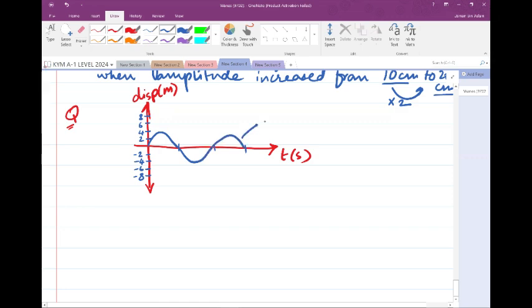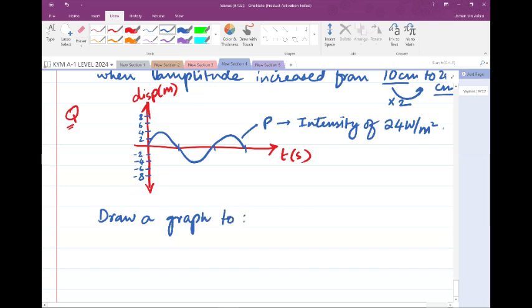And they tell you that this is the wave P, and it has an intensity of 24 watts per meter square. They ask you to draw a graph to show a wave Q with twice the intensity.